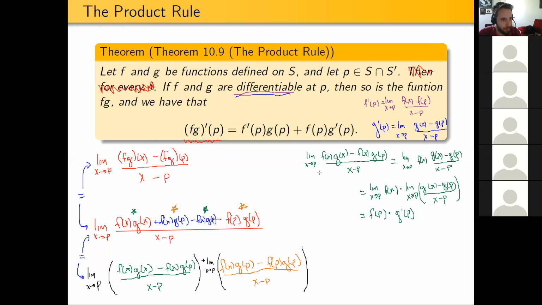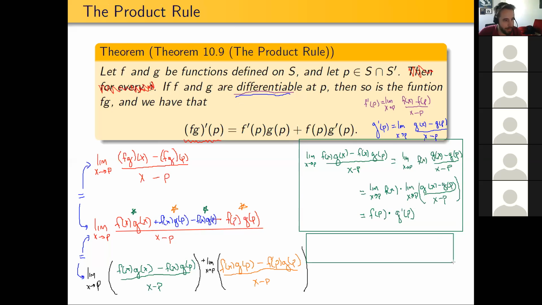I'm going to box that off in green. And I won't go through all of the same gory detail for the orange argument, but it will be basically the same. We'll end up getting that the limit in the orange box is just going to boil down to g of p, which we can pull outside the limit.